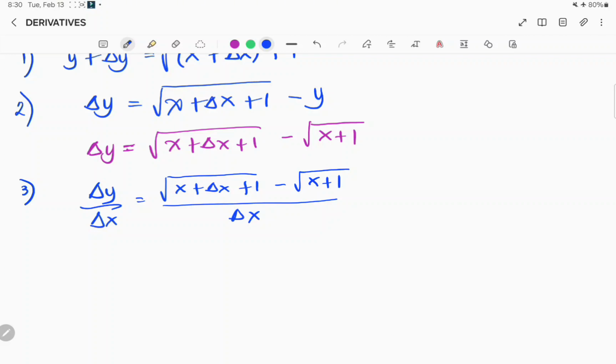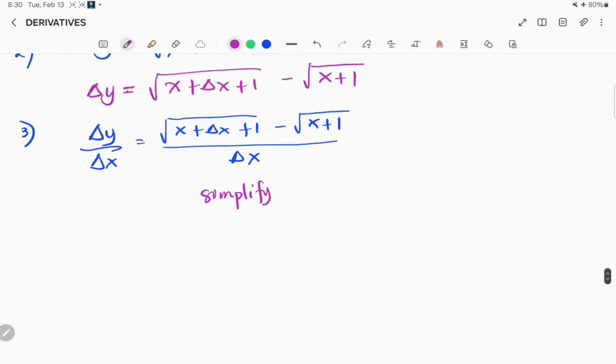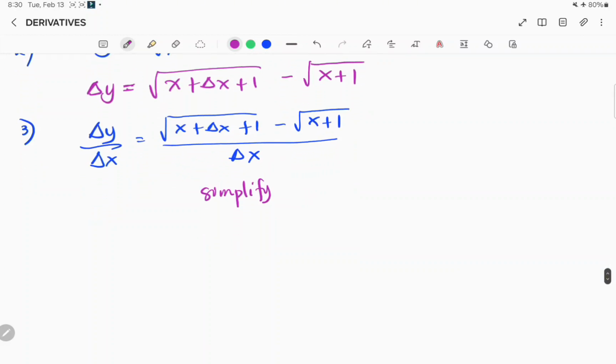In this case, we have to use the conjugate of the numerator in order to further simplify this, because the right side can be simplified. So let's take the conjugate. The conjugate is the square root of x plus change of x plus 1 plus the square root of x plus 1. We have to multiply this conjugate to both numerator and denominator of the right side of the equation.